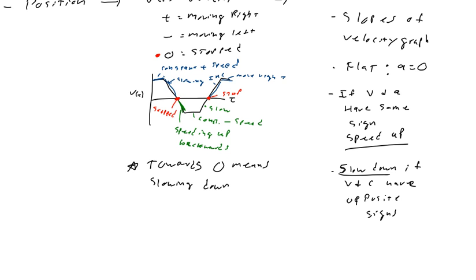I have a negative velocity and negative acceleration. I'm speeding up. Here my velocity is constant, no change. Here my acceleration is positive and my velocity is negative. Opposite signs, so I'm slowing down, getting closer to zero. So your acceleration is the slope of your velocity graph.